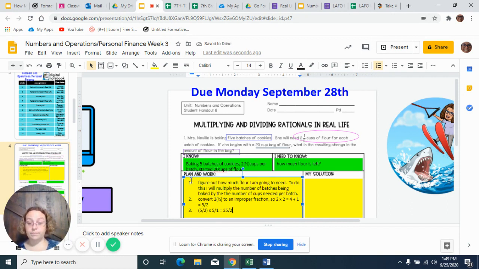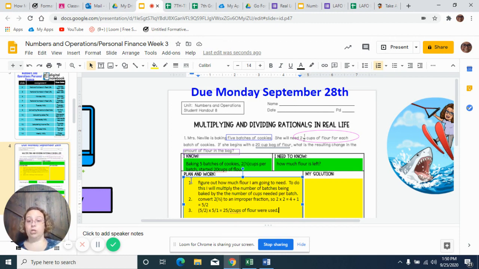Okay? So now, that's how much flour I used. So I used 25 over 2 cups of flour. So now I have to figure out how much is left.